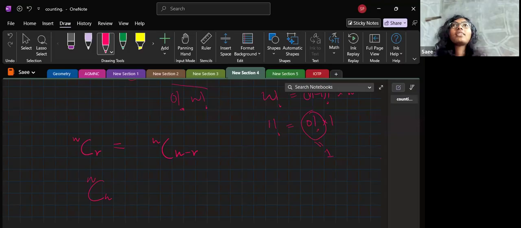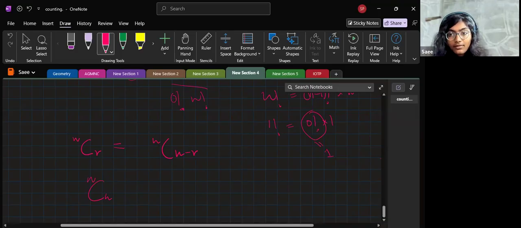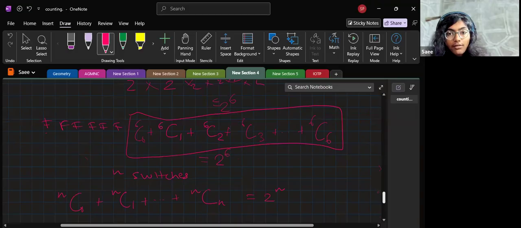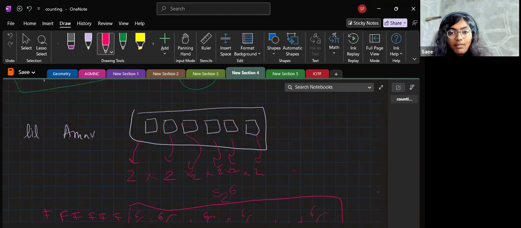Just don't choose anything. Maybe that makes somewhat sense. Or in this scenario of switches, it also makes sense, because you want to choose 0 switches to turn them on, and there's only one way to do that. Just keep everything off.